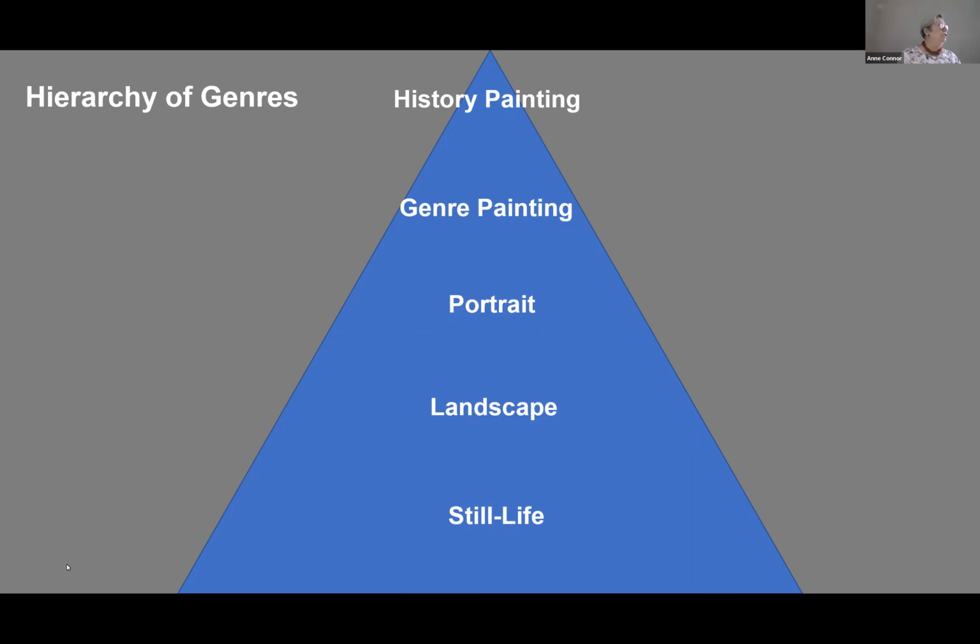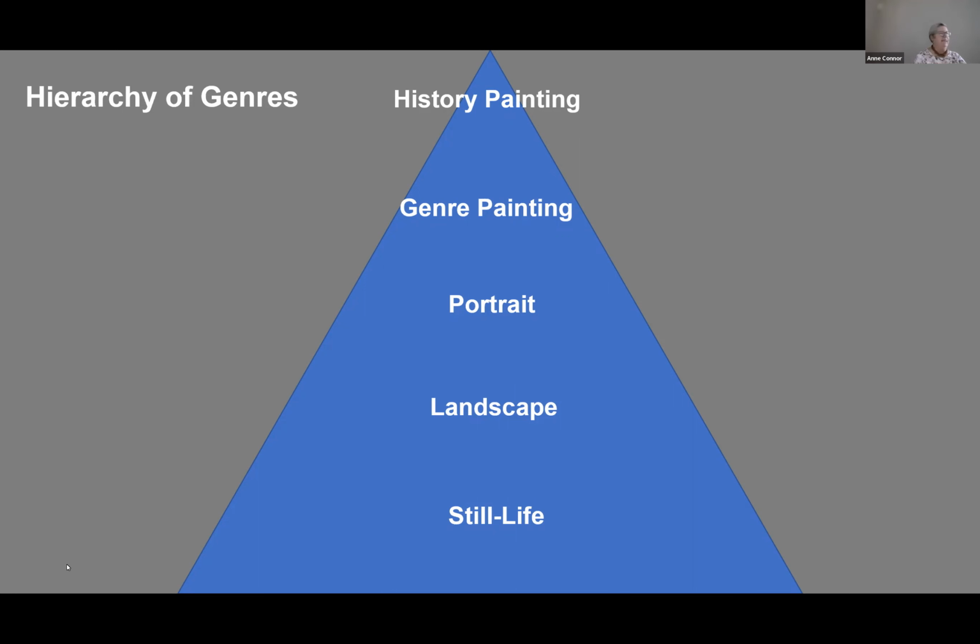Portraiture comes just below that. And that doesn't mean that painters were not doing many different genres, but they had to be able to do the top to be really appreciated. So portraiture is, of course, part of any good painter's portfolio. Then come two others.